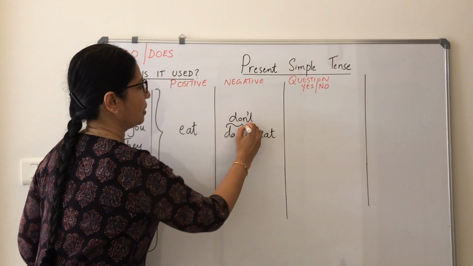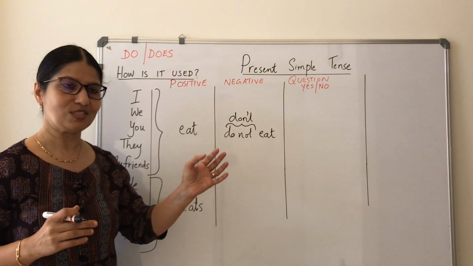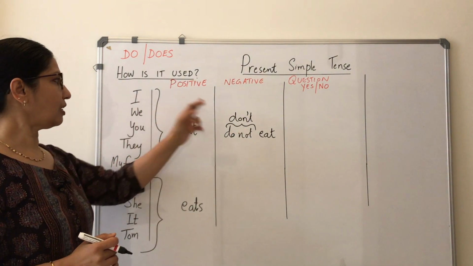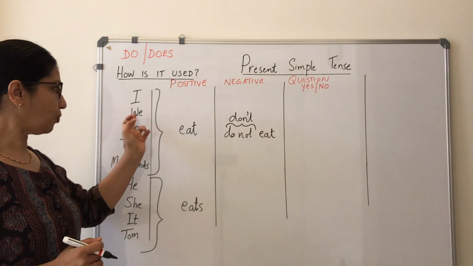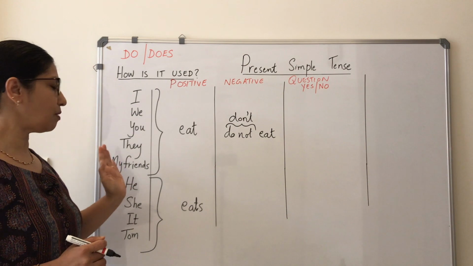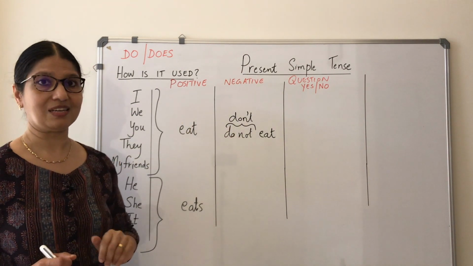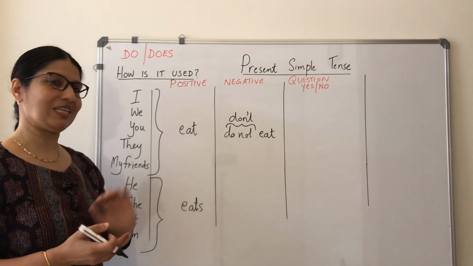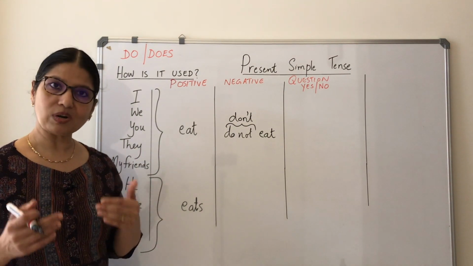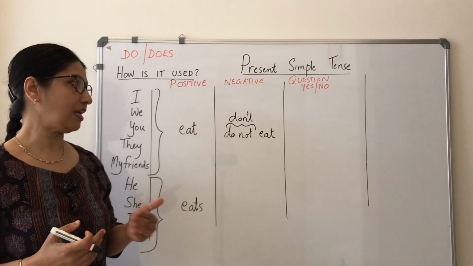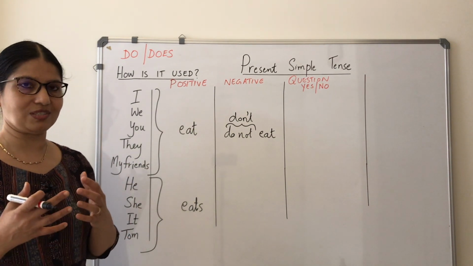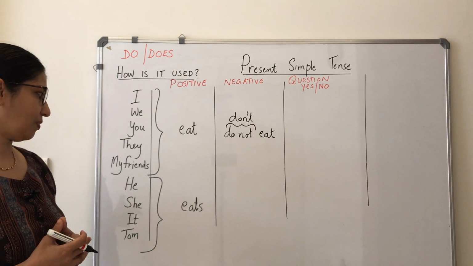We just make it contracted. So we say I don't eat. We do not or don't eat. You, they, my friends don't eat. All of us don't eat. We can say do not eat, but in spoken English, it's easier and more natural to say don't eat. Use the short form or the contracted form.